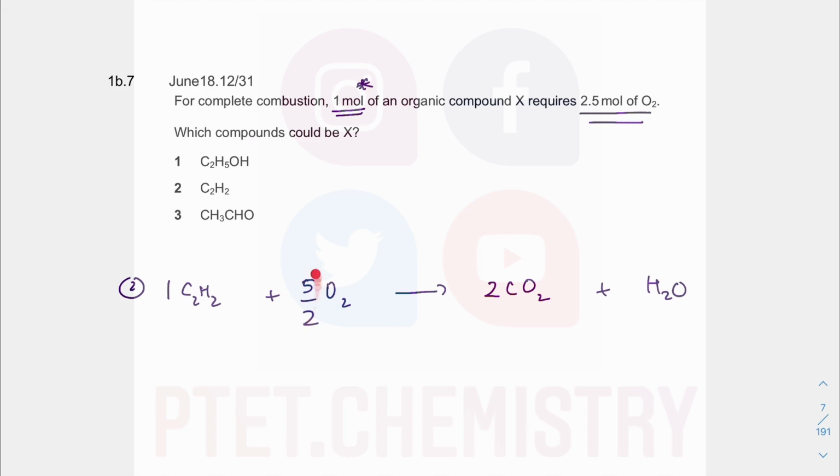You might not like fractions, having come from IGCSE or GCSE or O-level, where your school teacher will have taught you there's no such thing as a fraction. Well, I tell you, I really don't like whole numbers, because the smaller the number, the easier it is to balance. If you multiply the whole thing by 2, you would not have gotten the correct answer, because this question specifically said for 1 mole of X. For 1 mole of X, you've got to have this fraction.